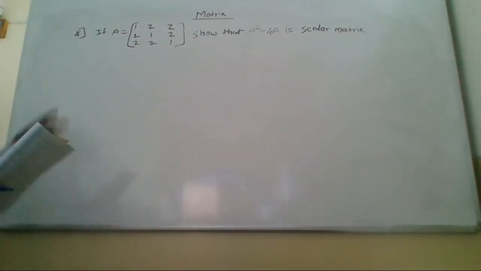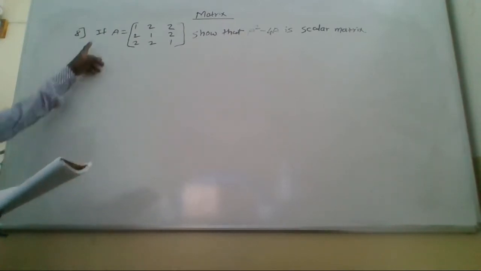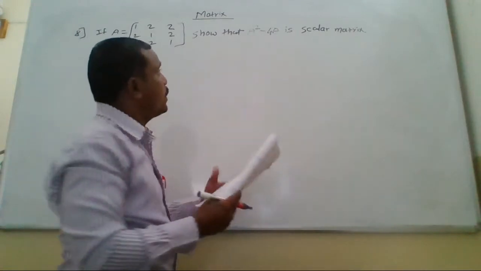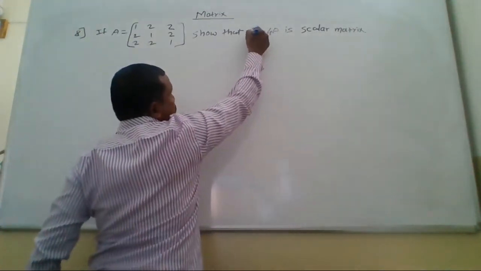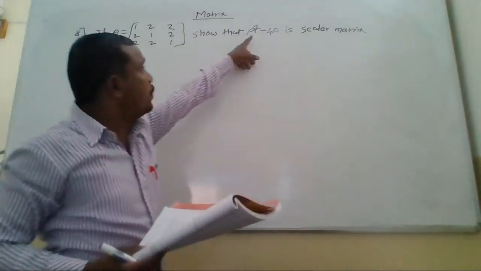So this is example number 8 from exercise 2.3. If A is this matrix, show that A square minus 4A is a scalar matrix. So to find out, first of all A square.